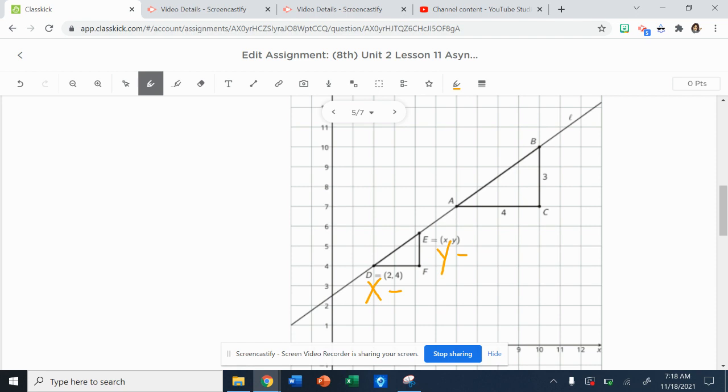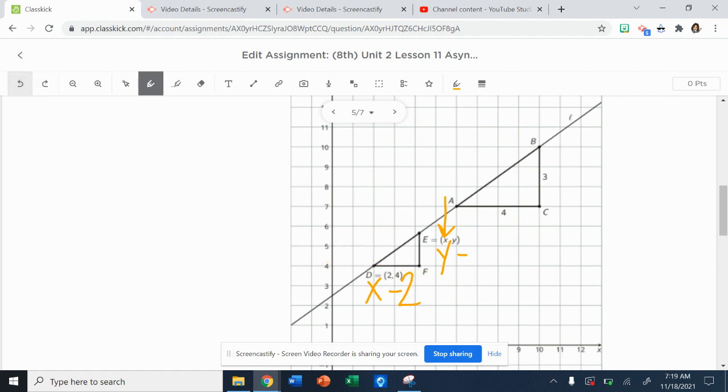So we know that the horizontal distance is going to be x minus 2, because if you can imagine whatever x is here in this coordinate pair, minus 2, due to this extra gap here, will be the width of this triangle. We have to take away 2 because there's this extra space between the end of the triangle and the y-axis.